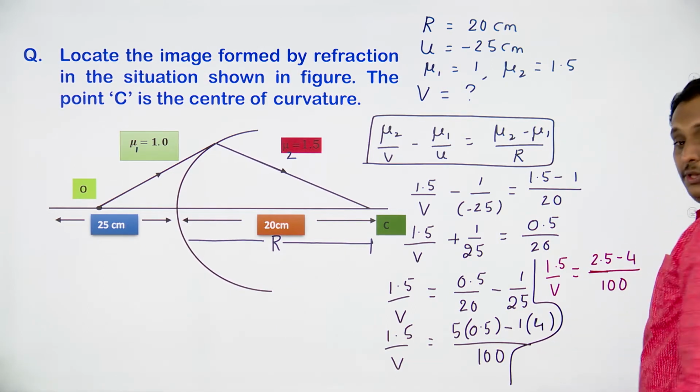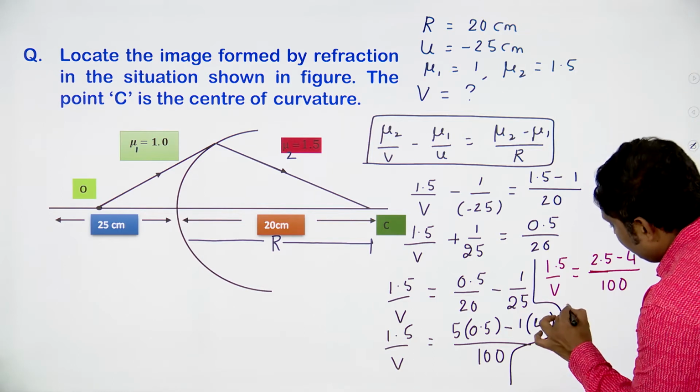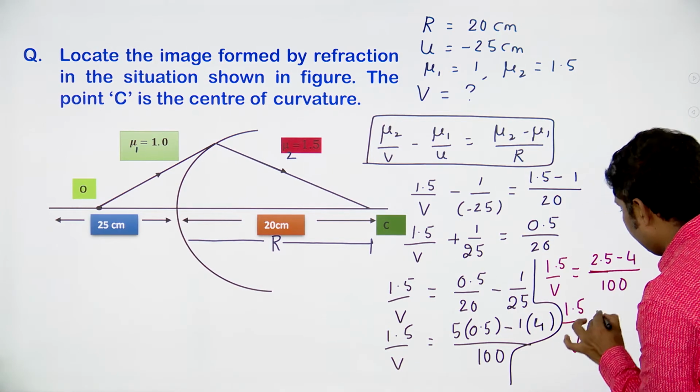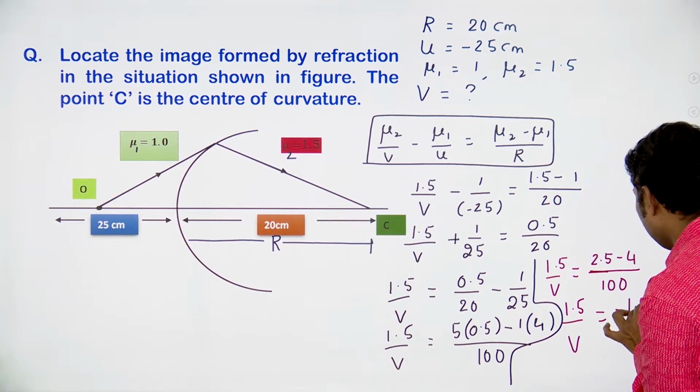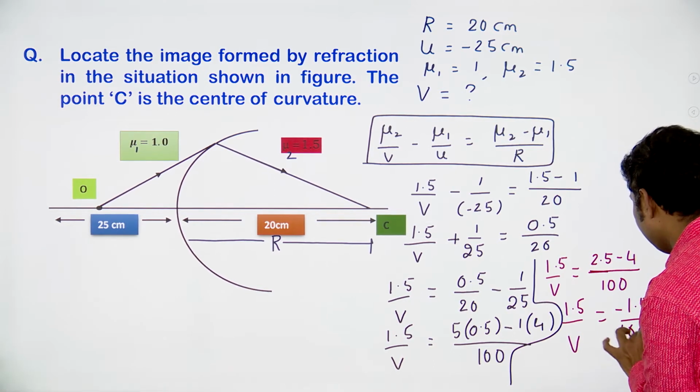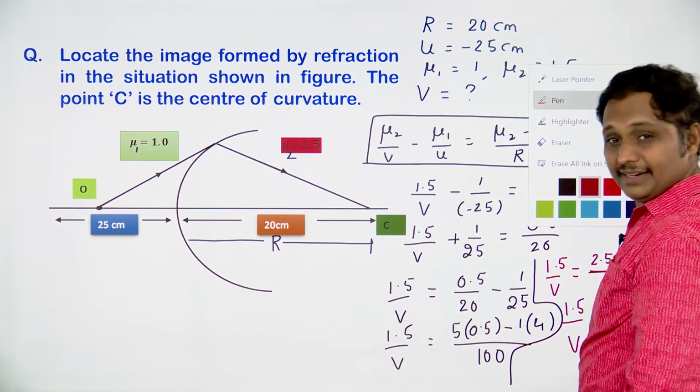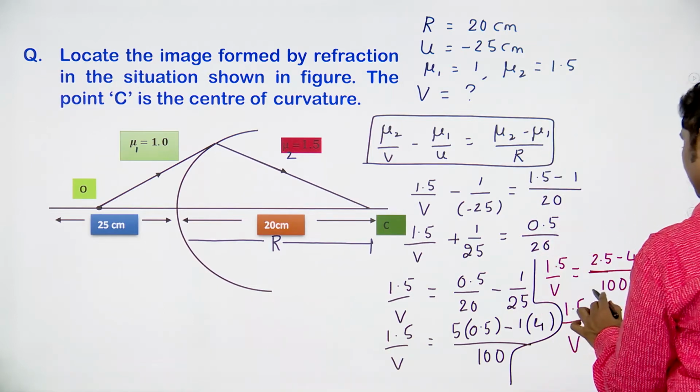So easily you will solve the problem. That is 1.5 by V is equal to minus 1.5 by 100. If you are going to get the cancellations, please have the look.